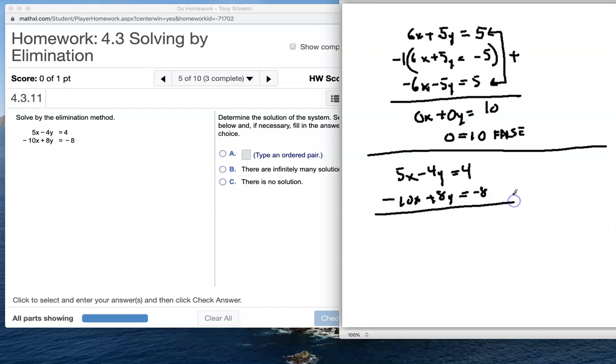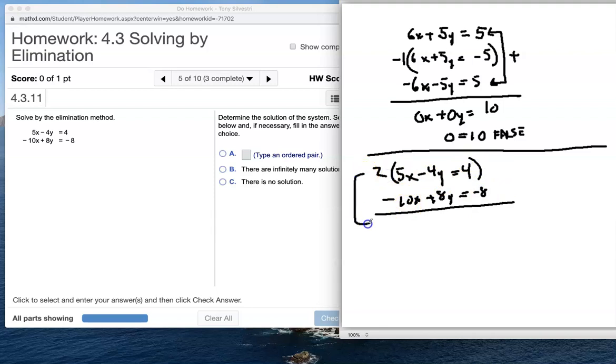Okay. You pick a variable. What variable? I'm sticking with this y. I don't know. For whatever reason, I have a problem with y's. So I'm focusing my eyes on y's. This -4 should become -8, because -8 plus 8 would be 0, and that would get rid of it. And how do I get a -8? By multiplying the whole thing by 2.